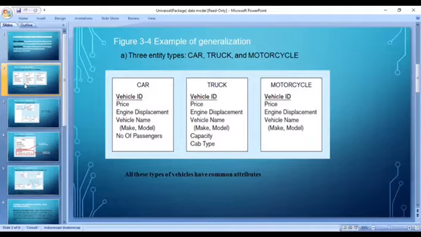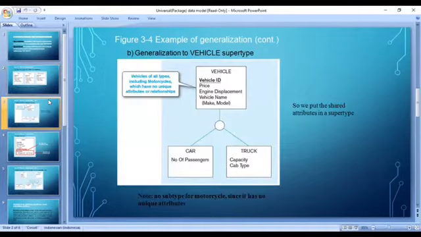This more general entity type is named vehicle, together with the resulting supertype or subtype relationship. The entity car has the specific attribute number of passengers, while truck has two specific attributes, which are capacity and cab type.